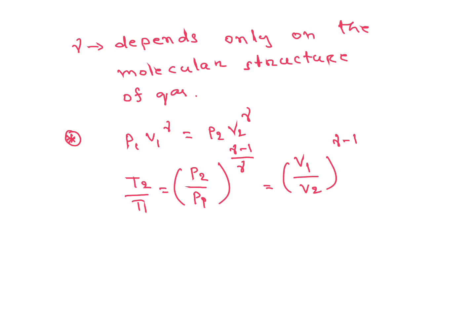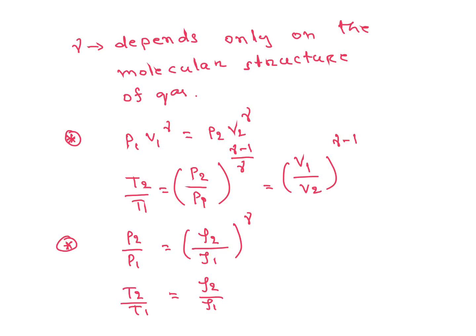And P2 by P1 equal to, in terms of density, rho 2 by rho 1 whole to the power gamma. T2 by T1 equal to rho 2 by rho 1 whole to the power gamma minus 1.